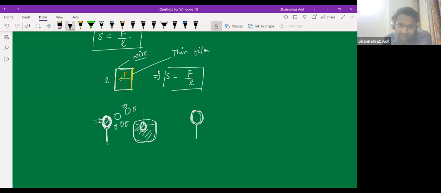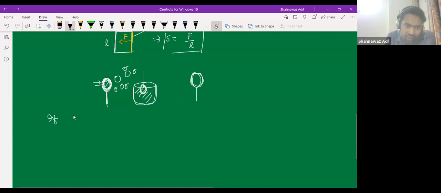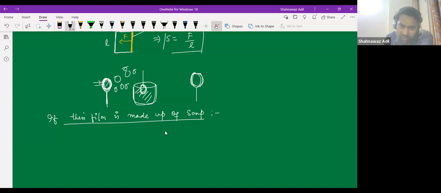So if the thin film is made up of soap, then the surface tension would be how much? So let's say this is a soap film, right? Then the surface tension would be how much?